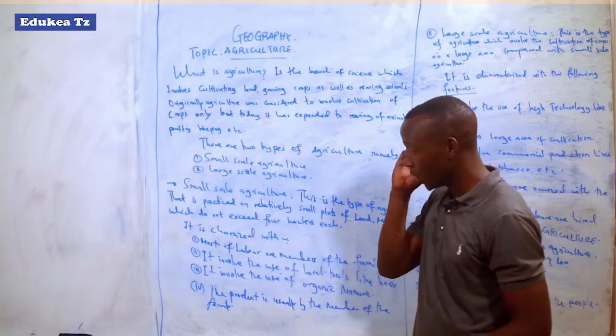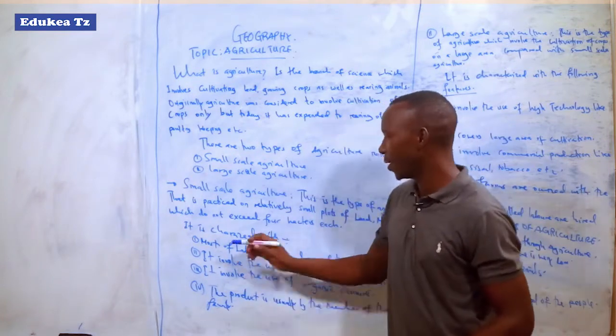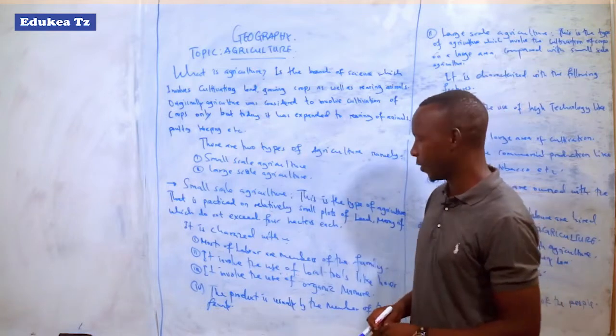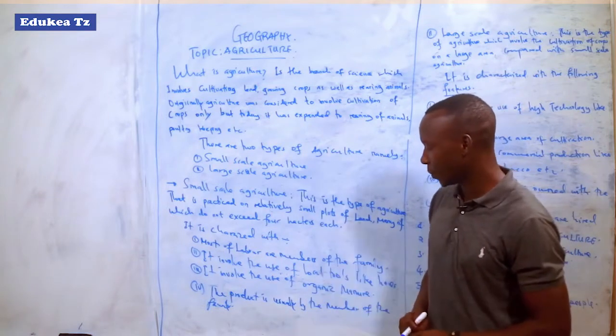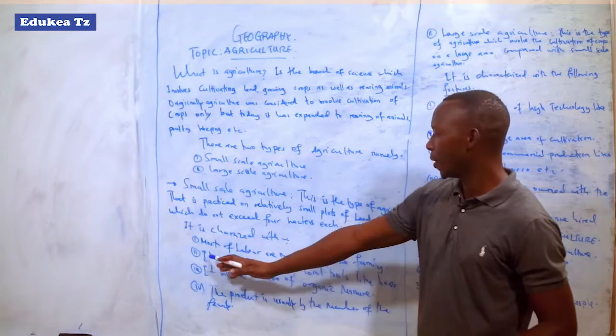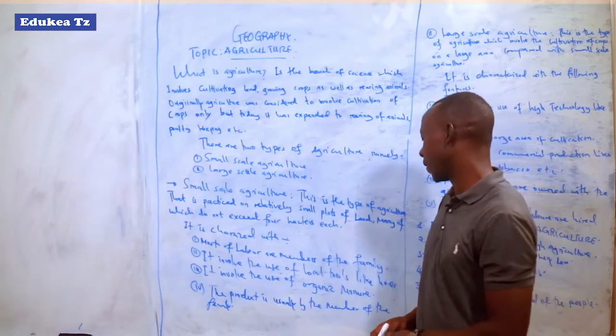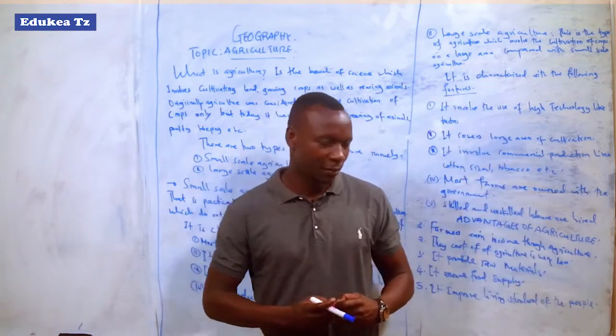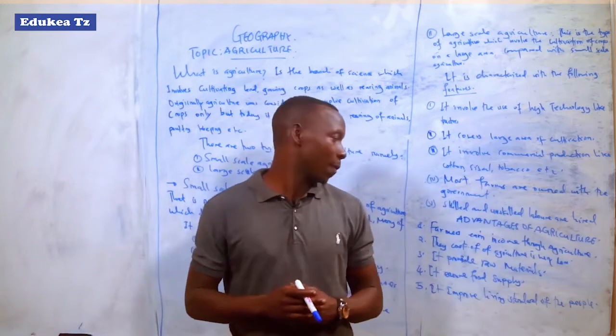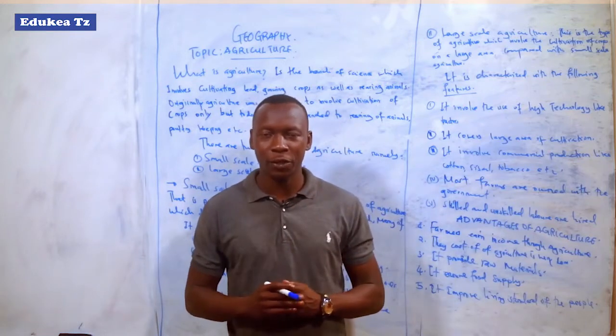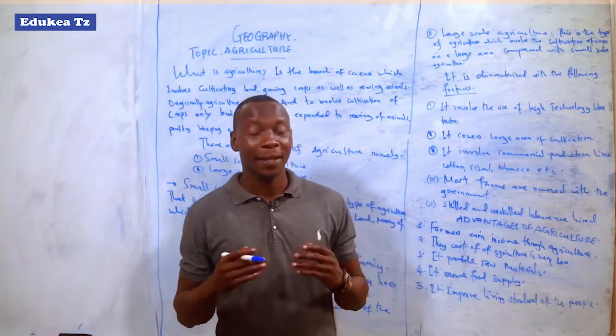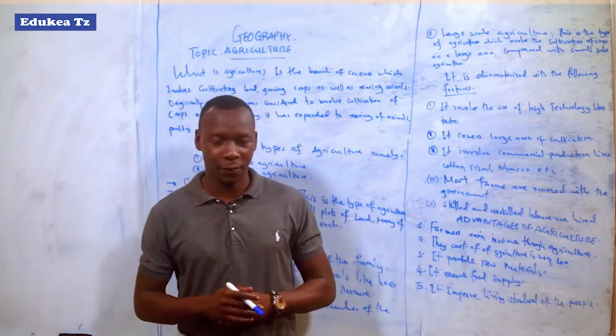Here below are the features of small scale agriculture. First, most of the laborers are members of the family. As I have said, small scale agriculture involves small areas of cultivation.